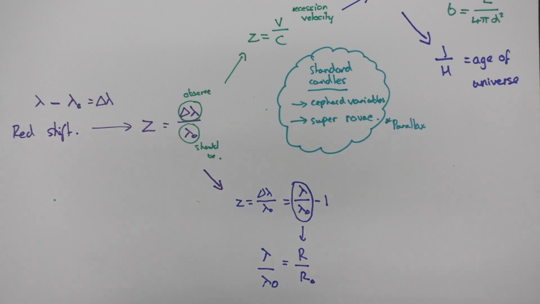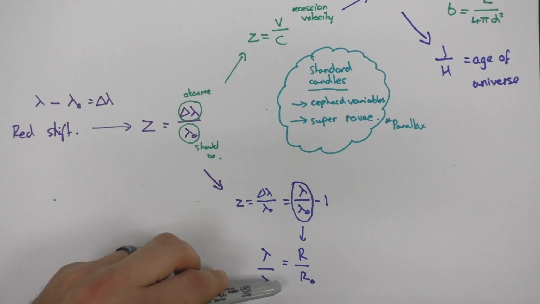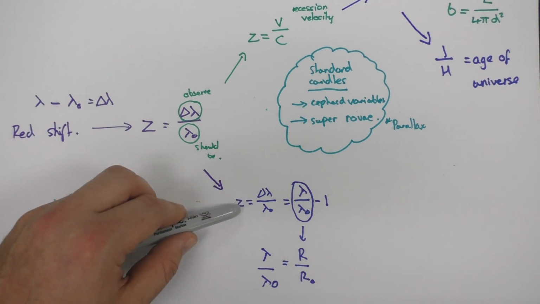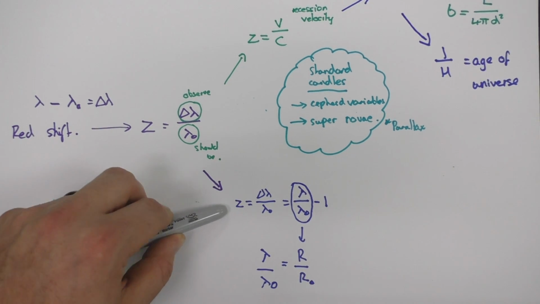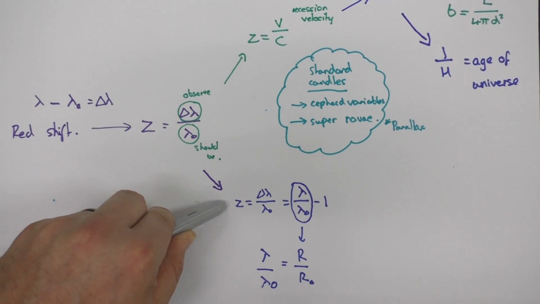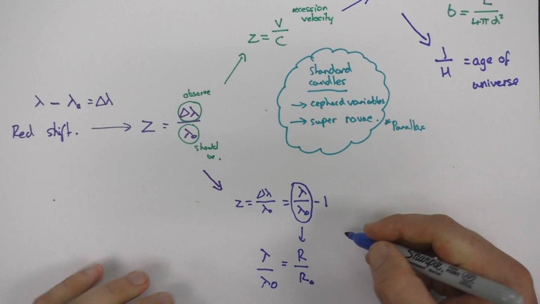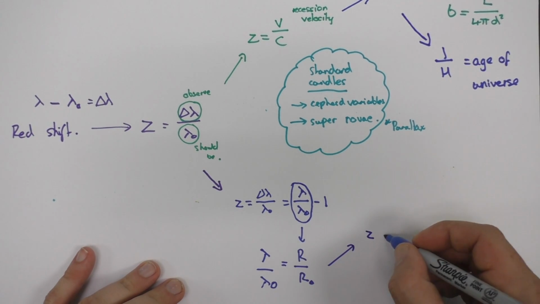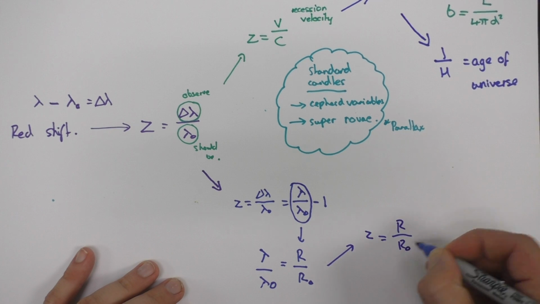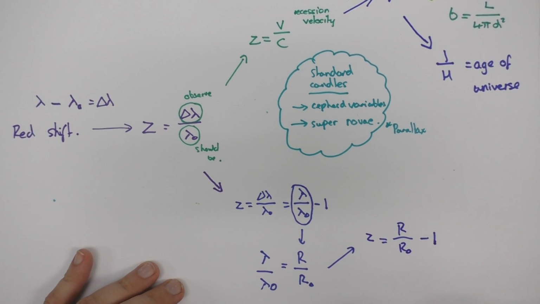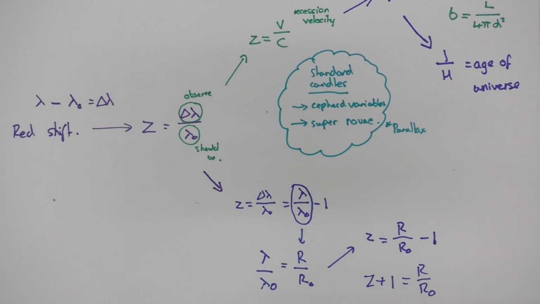What's really interesting is we can then relate the z factor to this fraction as well, which is often very useful because we often get to this z factor, this Doppler shift factor, before we get anywhere else. As a result, we have a new equation for z, which equals r over r naught minus 1. And so, for all intents and purposes, z plus 1 equals r over r naught, which is an indication of how much bigger the universe has gotten.